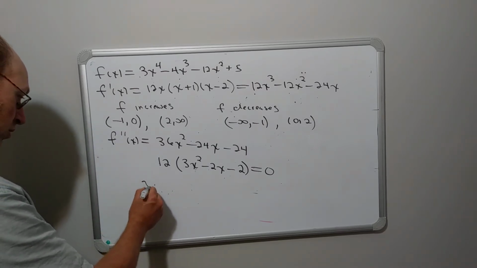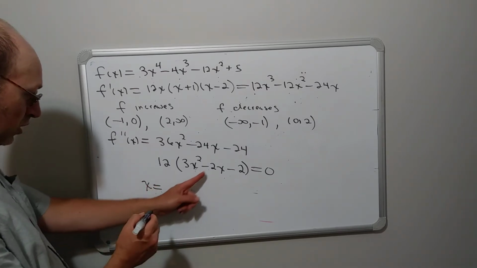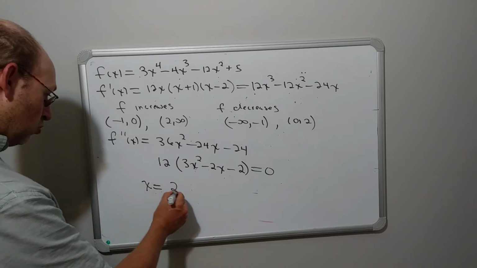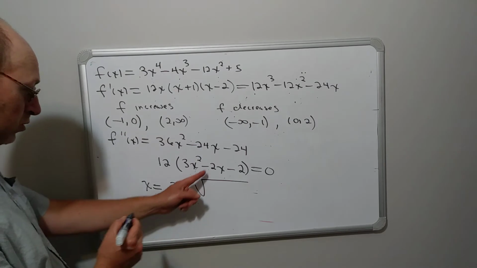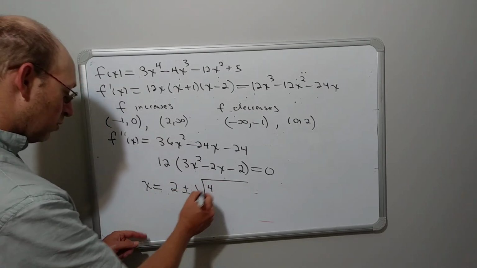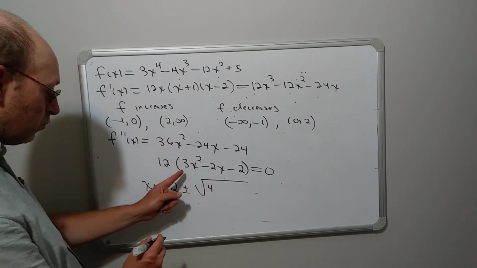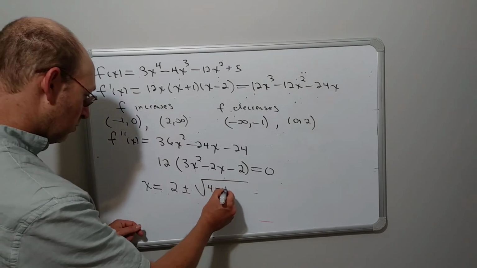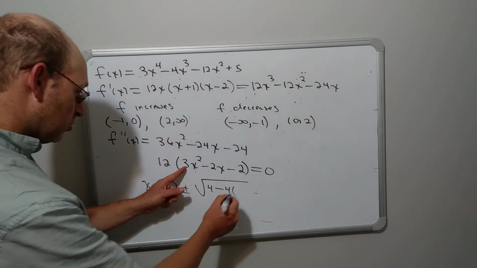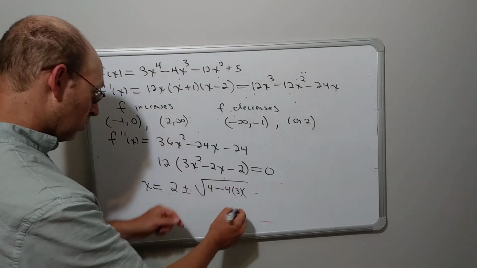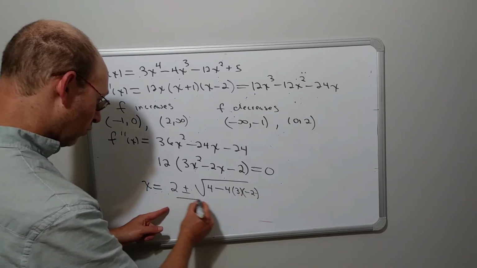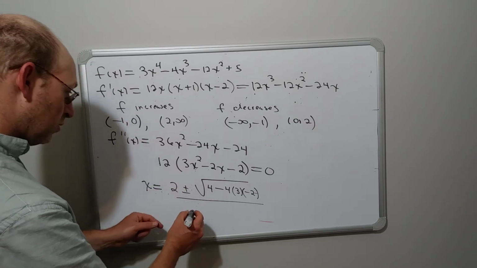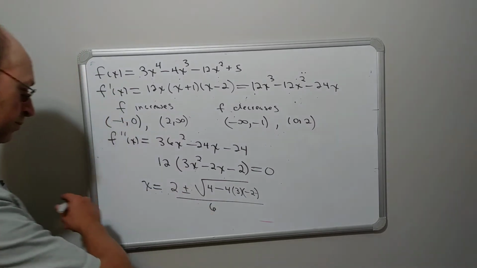So x is equal to negative b, 2, plus or minus the square root of b squared, so that's 4, minus 4ac, minus 4 times 3 times minus 2, all divided by 2 times a, that's 6.